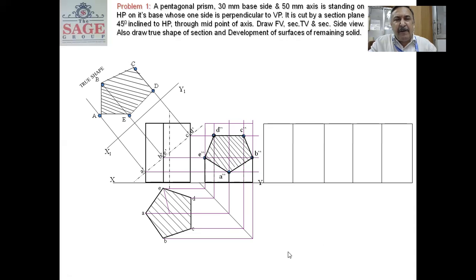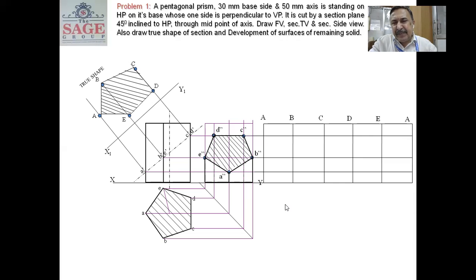Now we have to draw the cut prism development, meaning the truncated or remaining part of the solid development. So for that, we draw parallel lines from these points 1, 2, 3, 4, 5, meaning A dash, B dash, C dash, D dash, and E dash, and get the intersection points of these parallel lines on the edges of the faces of the prism.